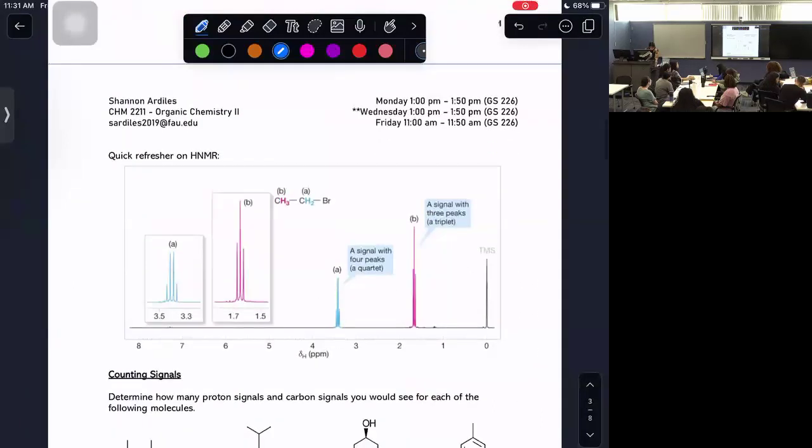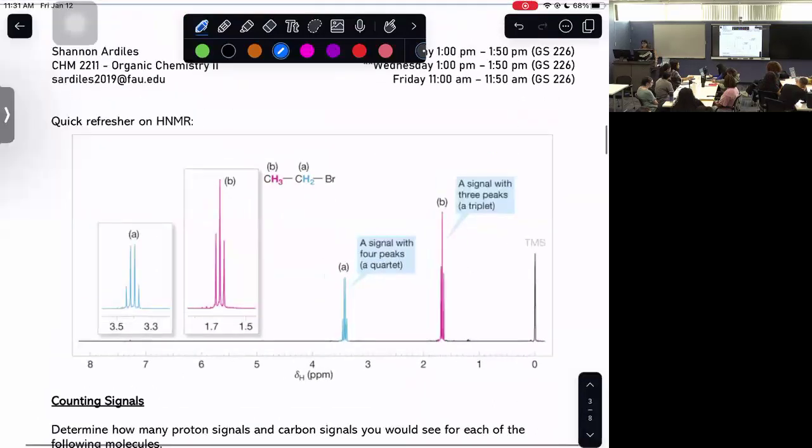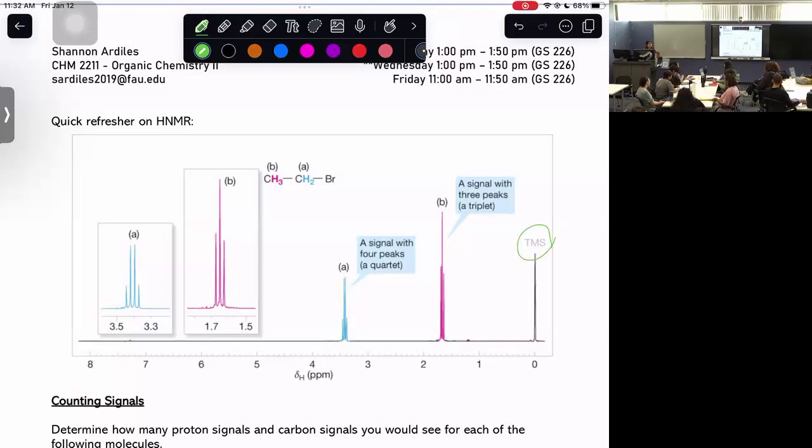Now, let's go back to this little graph in here. This is from your book. Let's just clarify some terms in here. Okay, TMS, what was TMS? Your reference point. Now, the part on the left side of the spectrum, is that shielded or de-shielded?